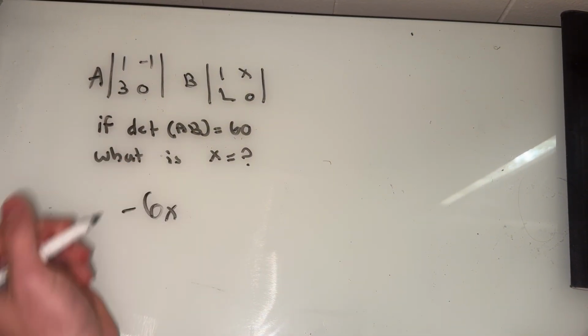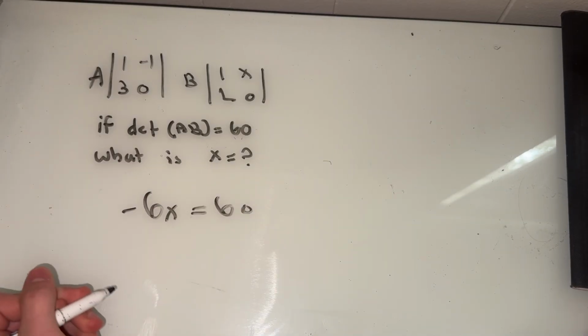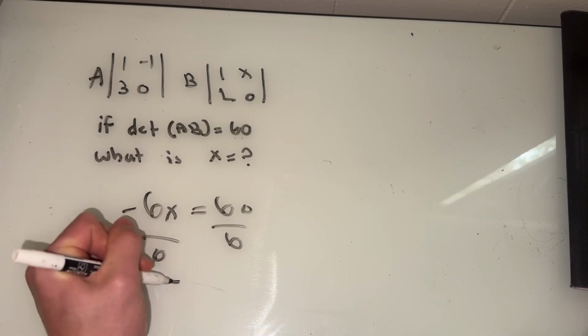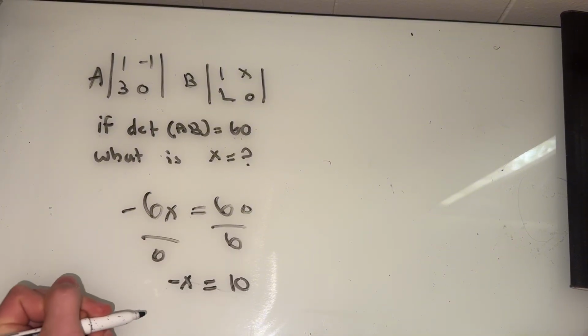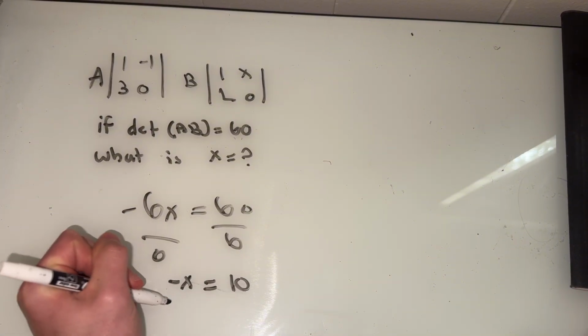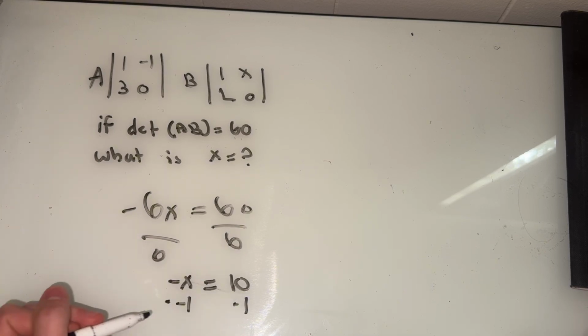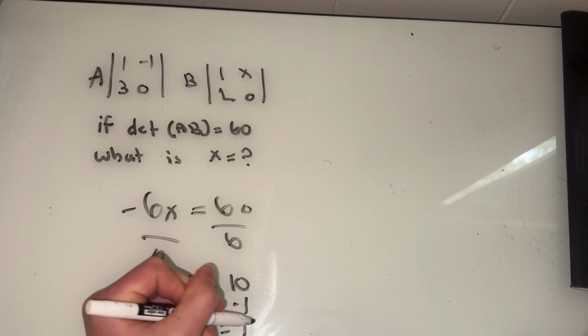So we know that negative 6x equals 60. Let's divide both by 6. We get negative x equals 10. So we times both sides by negative 1. X equals negative 10.